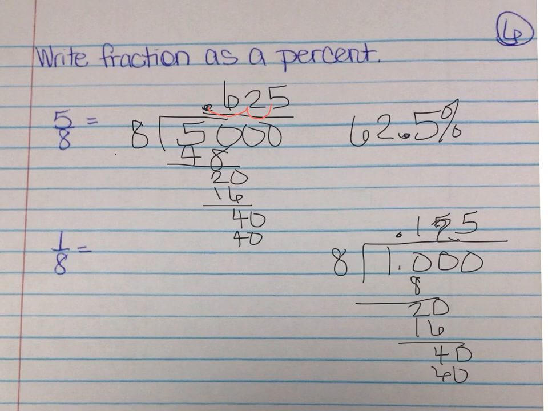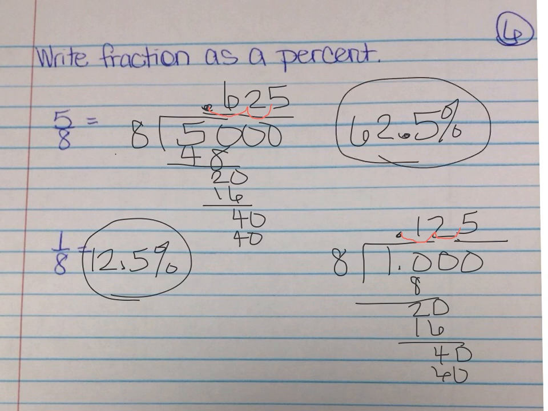Sorry, guys. Here, let me erase that and start over here. Okay, there we go. So I'm going to change that into a percent. So I have to go 1, 2 to the right. And so my answer will be 12.5%. Okay, when it's written as a percent.